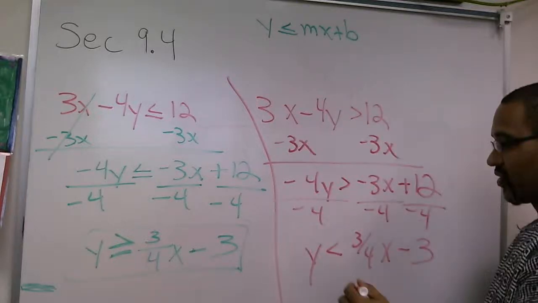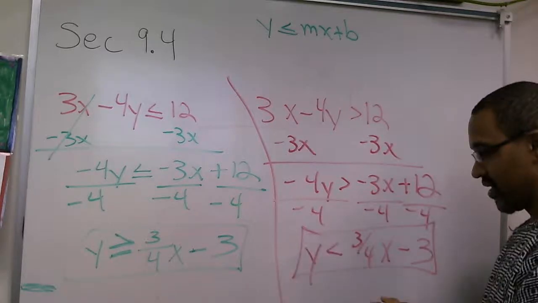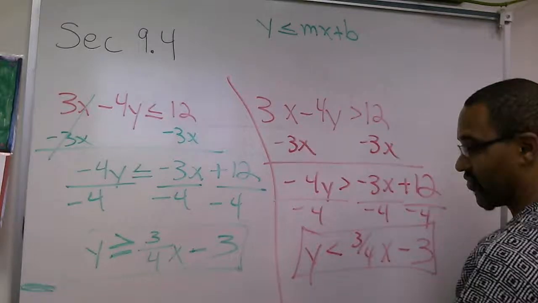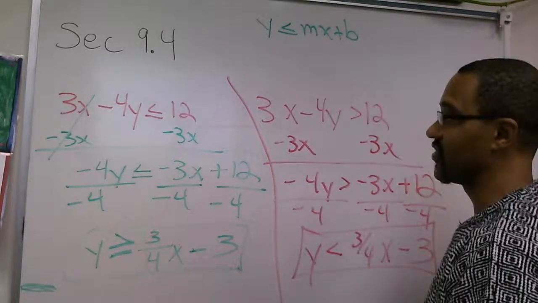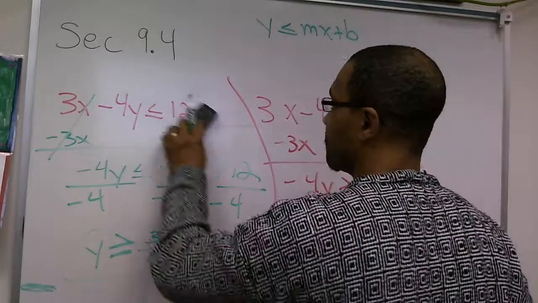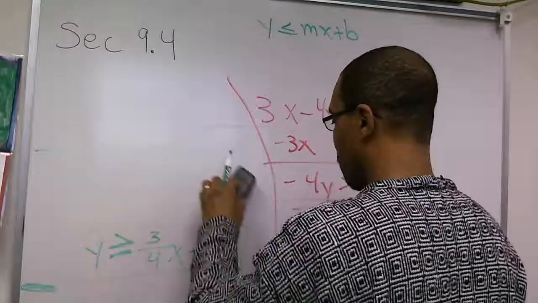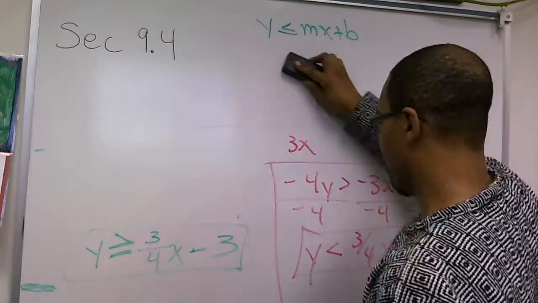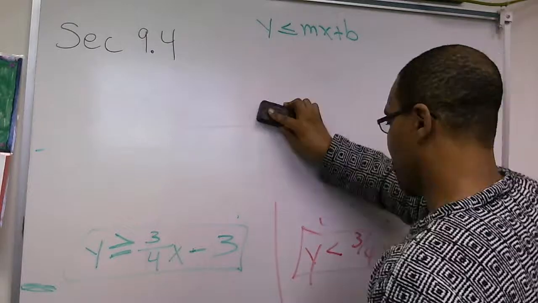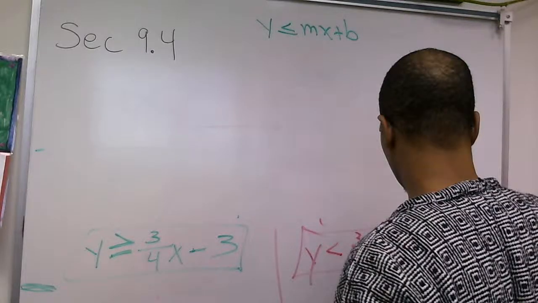So the other equation would be y is less than 3/4 x minus 3. This is how we're going to graph this, and then we're going to call it a day. We're graphing y greater than or equal to 3/4 x minus 3.